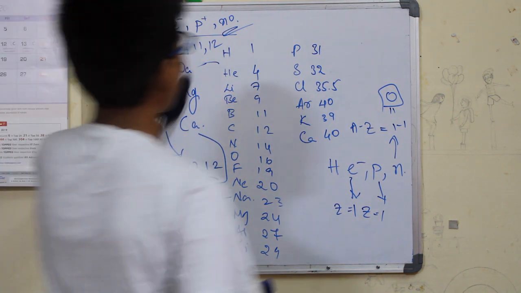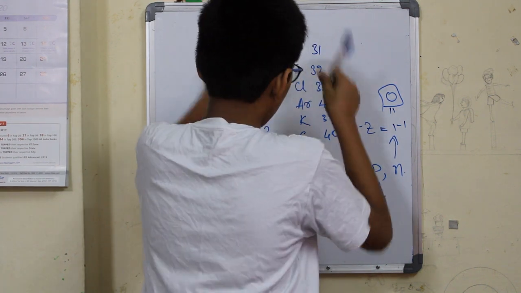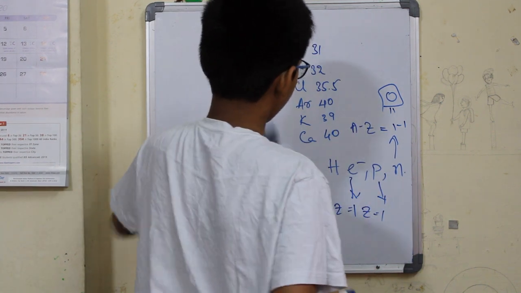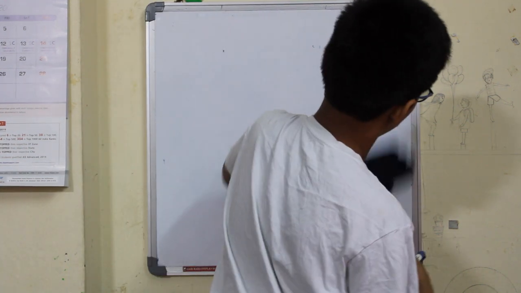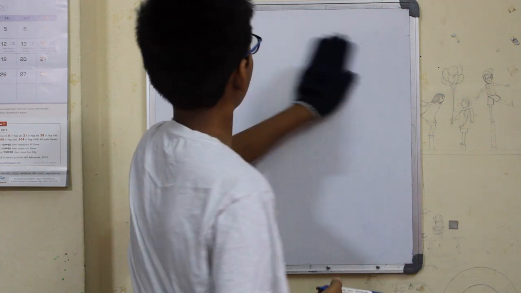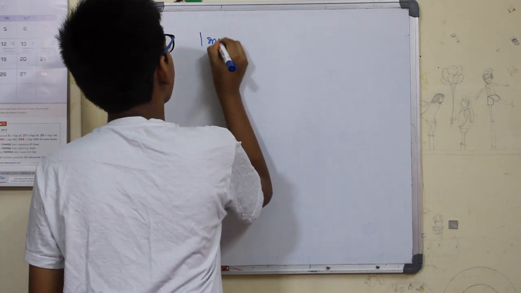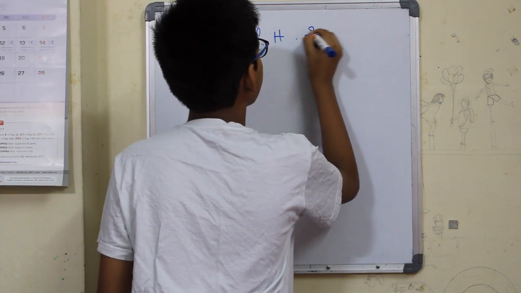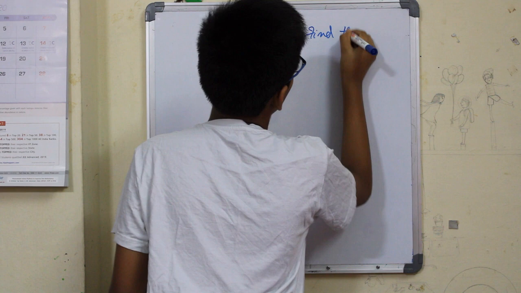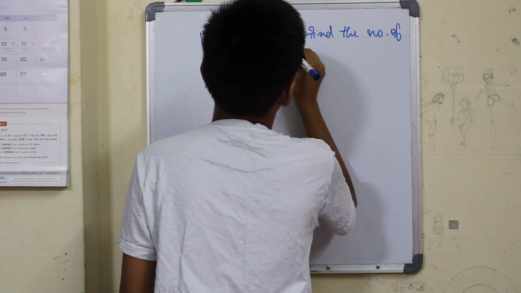Now here we will apply our very beautiful mole concept. I think you have to copy these. Please copy them. Go back, copy them. Okay. Now for 1 mole of hydrogen, find the number of neutrons.